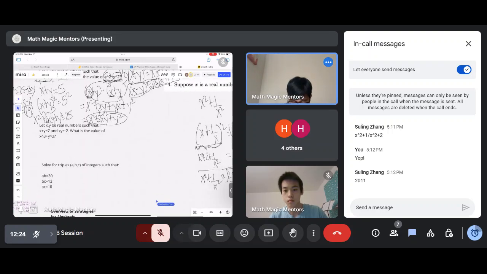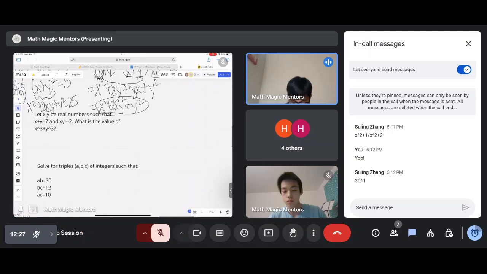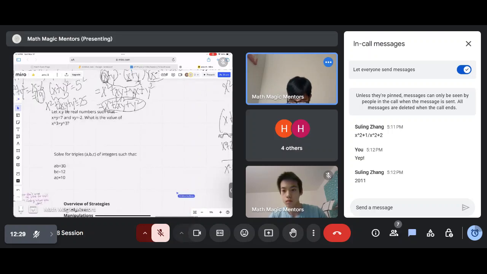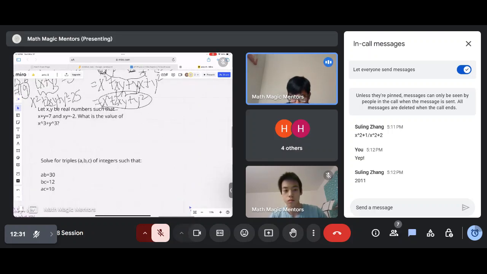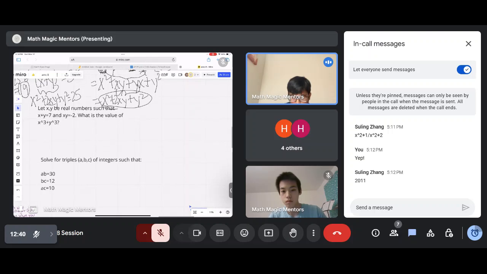So now let's look at this problem, which says that x and y are real numbers such that x plus y equals 7 and xy equals -2. What is the value of x cubed plus y cubed?